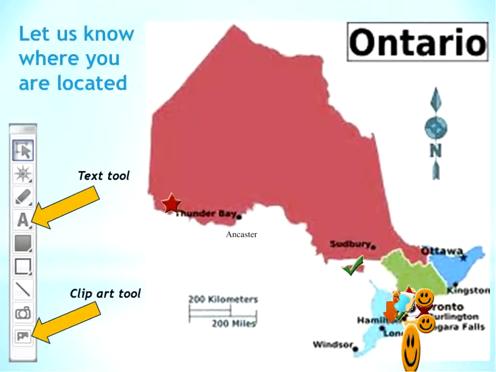Oops, I accidentally moved somebody's star over there. Very, very cool. We're very concentrated in southern Ontario, but I must ask, is there really someone on Manitoulin Island joining us?